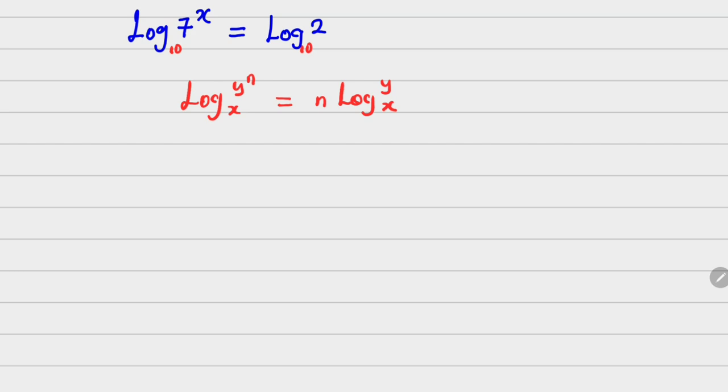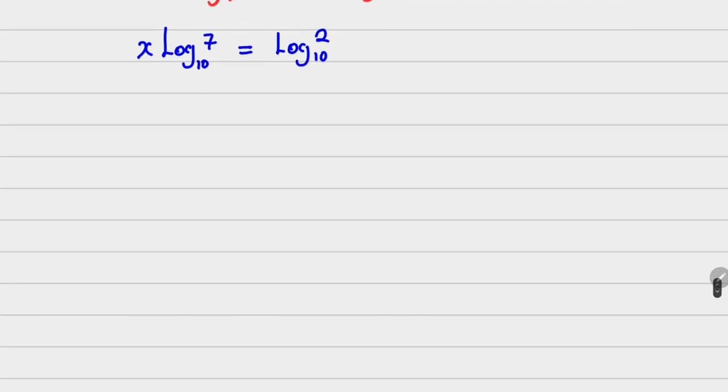So I'm going to have x log of 7 base 10 equal to log of 2 base 10. Now x will be equal to log 2 base 10 all over log 7 base 10.